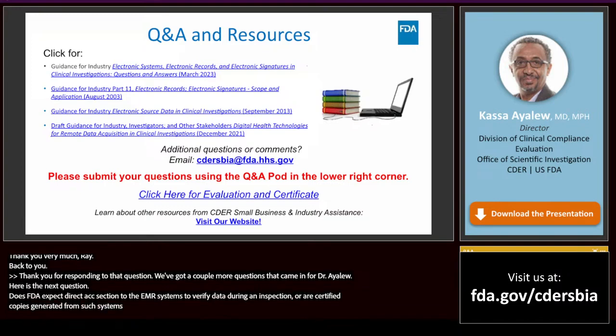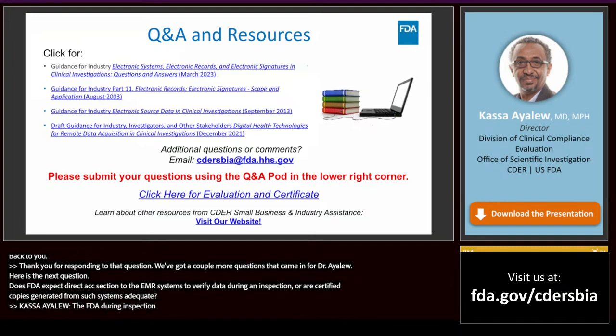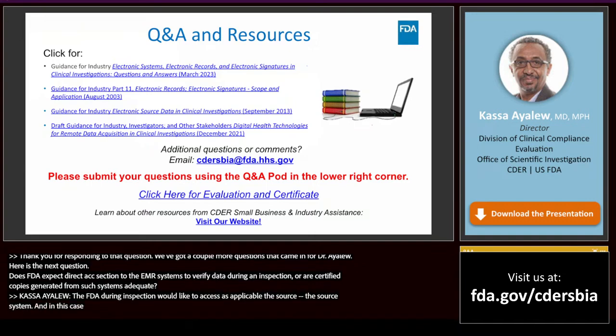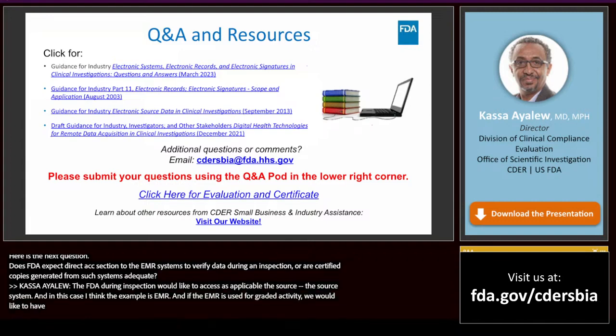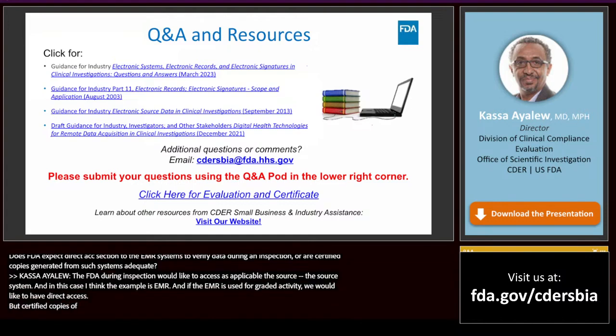The FDA during inspection would like to access, as applicable, the source system. In this case, I think the example the person provided is the EMR, and if the EMR is used for regulated activity, we would like to have direct access as applicable. But certified copies of electronic records or paper records would also be acceptable.